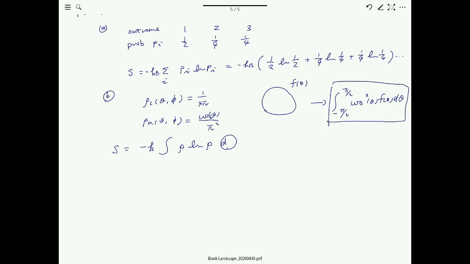Okay, so now this is a function f theta. Okay, and then we need to integrate over this sphere.